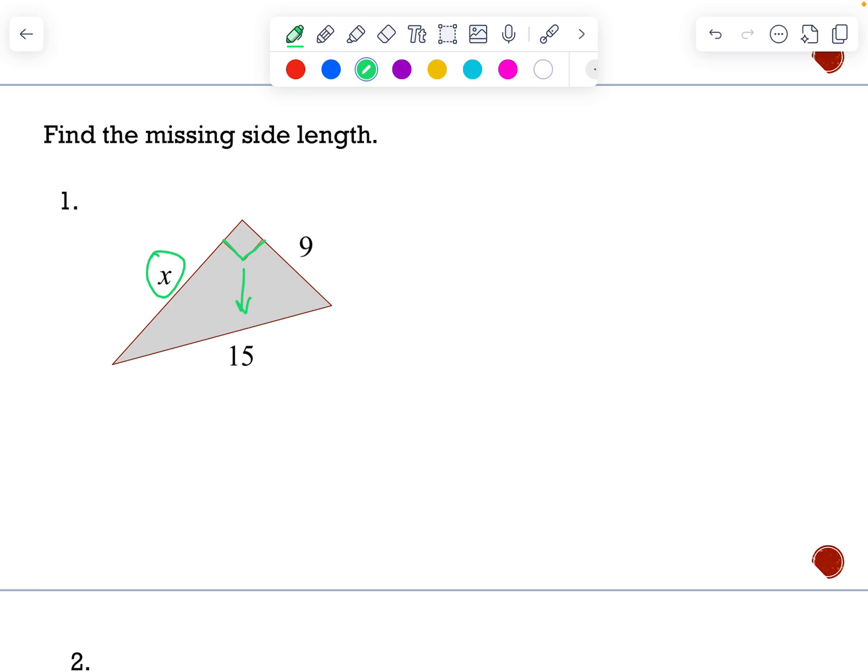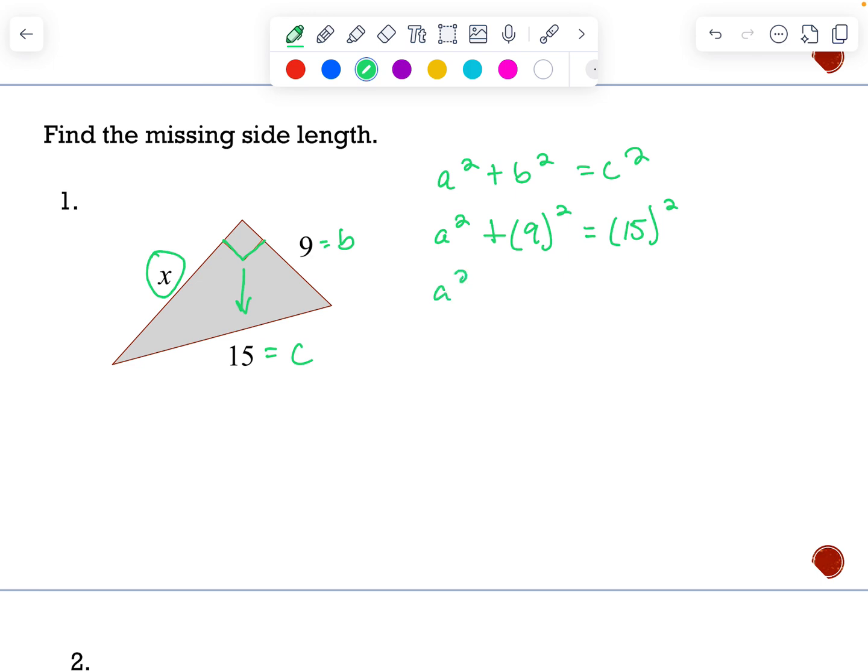So if we're going to use a squared plus b squared equals c squared, right now I have, you can call this a or b, it doesn't really matter, I'm going to call it b. We know the side across from the 90-degree angle, my hypotenuse, is always going to be c. So I just need to plug in those two values and solve for a. So we're going to have a squared plus 9 squared, and we know that's got to equal 15 squared.